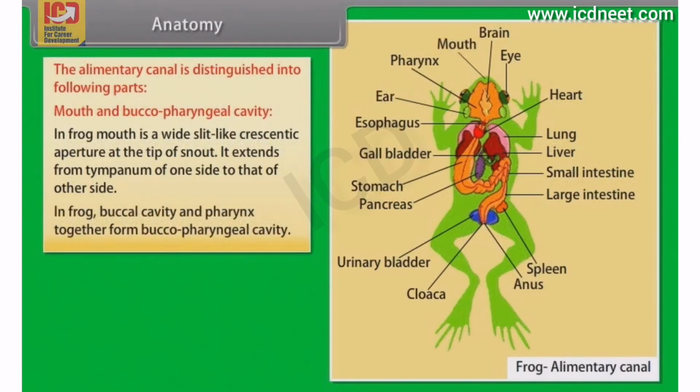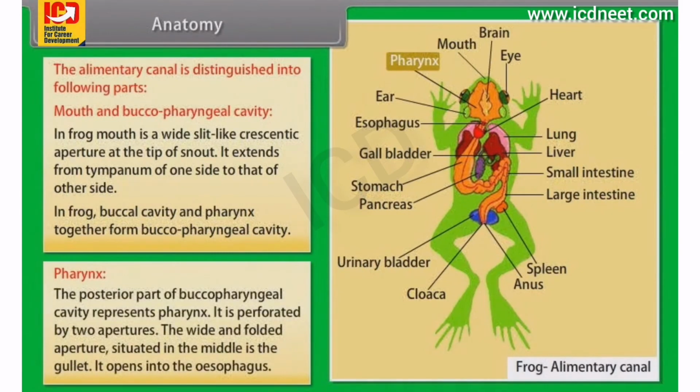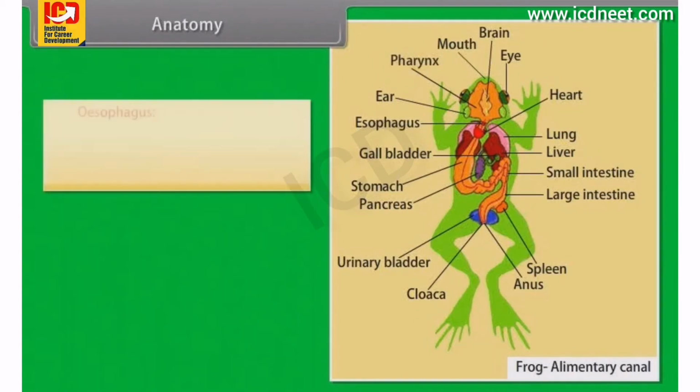In frog, buccal cavity and pharynx together form buccopharyngeal cavity. Pharynx. The posterior part of buccopharyngeal cavity represents pharynx. It is perforated by 2 apertures. The wide and folded aperture situated in the middle is the gullet. It opens into the oesophagus.